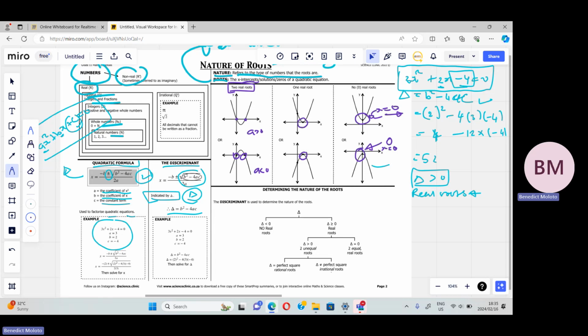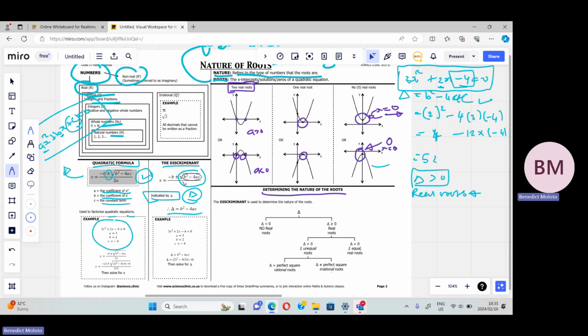There is a situation whereby your quadratic formula can have no solution, right? Then from there, we cannot determine the nature of the roots. It's not applicable. Why? The nature of the roots is not possible to be calculated at that particular point. Right. So, determining the nature of the roots.